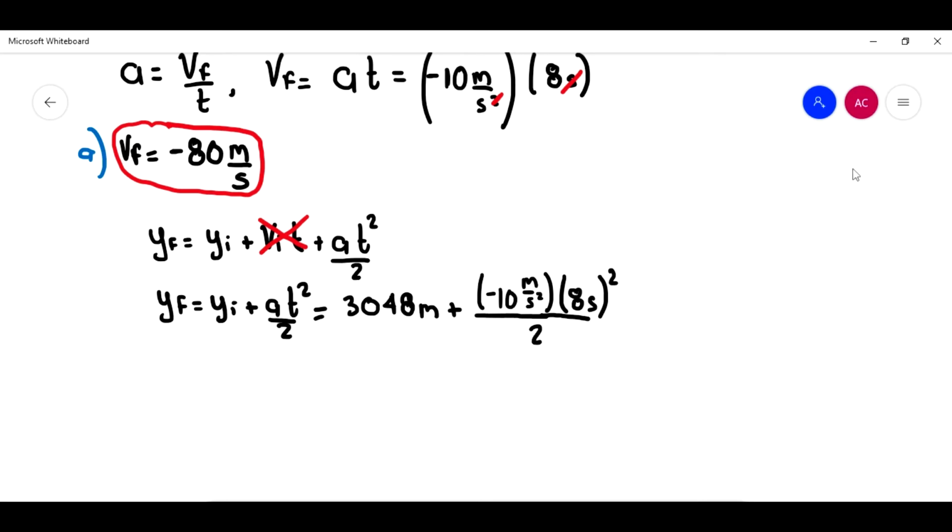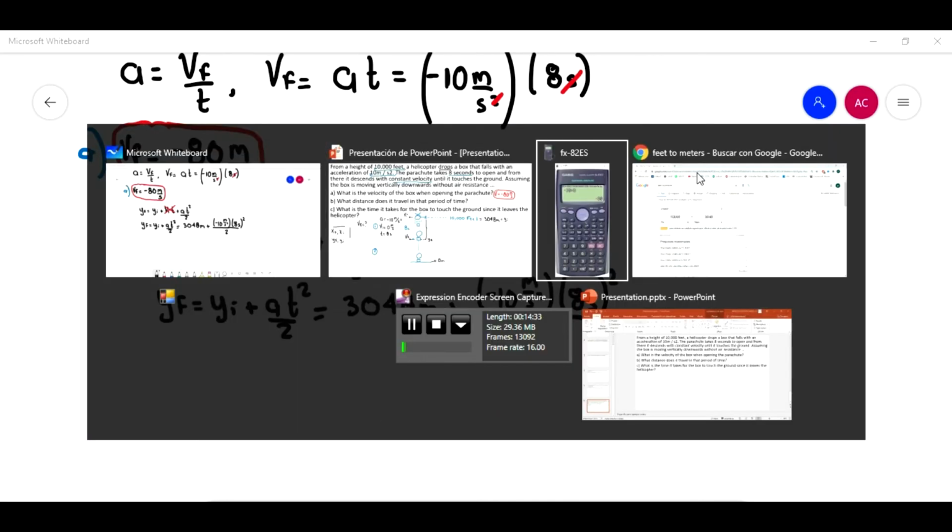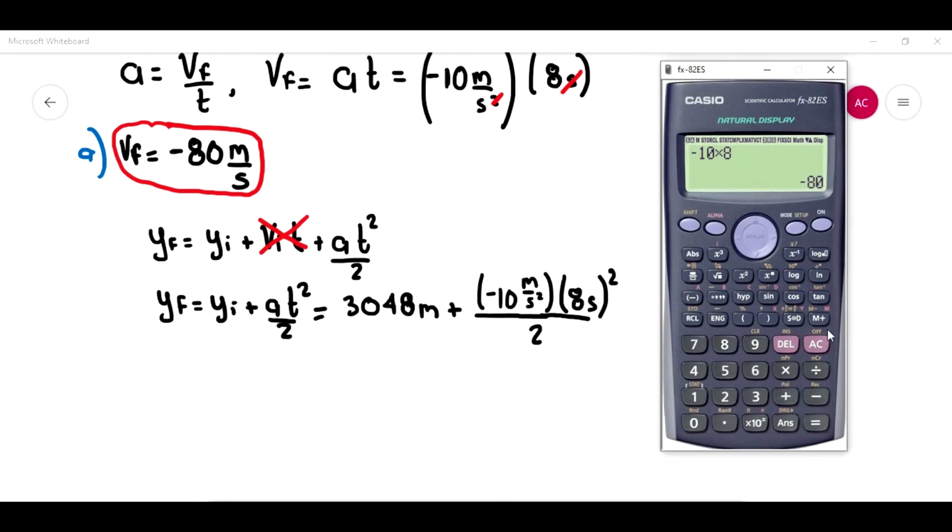Okay, so let's do it in the calculator. 3,048 plus fraction minus 10 multiplied by 8 square over 2. Equals.